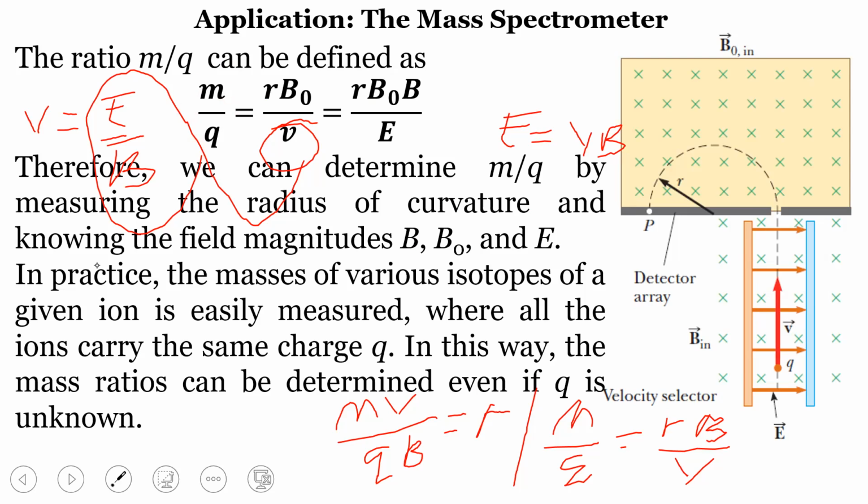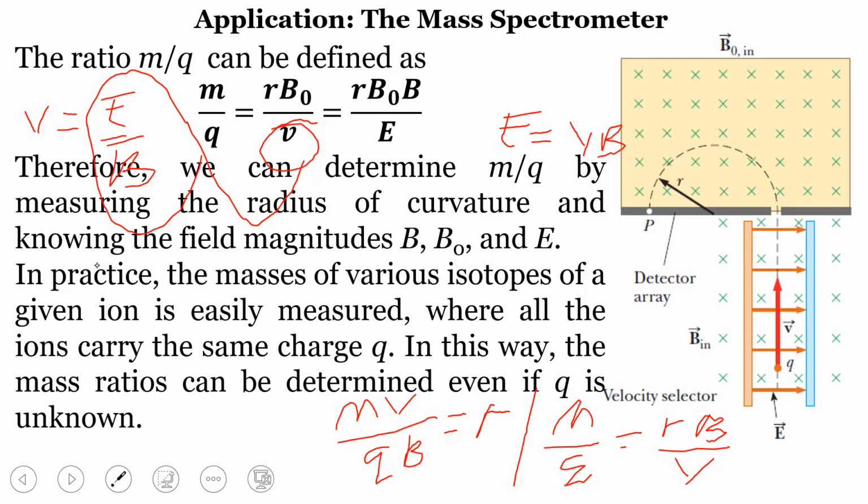If you remember Thomson's experiment, they did something like this to determine the mass to charge ratio of the electrons. From the mass to charge ratio, we measure the radius of curvature.